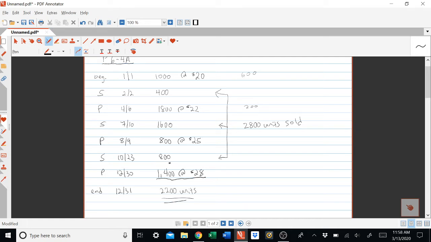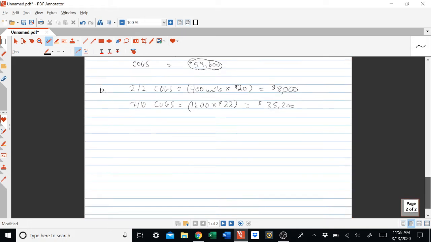We're assuming LIFO from the standpoint of the 23rd. Last in was the first to be sold. So which 800 units are these that were sold? We assume it was these units right here that were purchased on August 9th. And each of those 800 was purchased for $25.